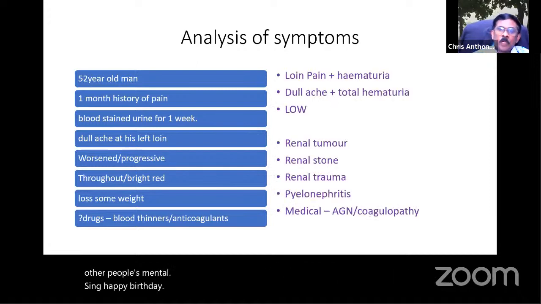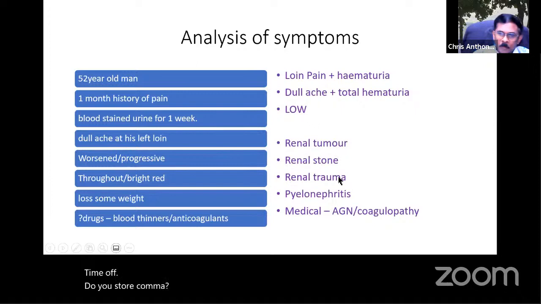Okay, from the symptom analysis, these are the things: loin pain with hematuria, dull ache, total hematuria and loss of weight. So it's a 52-year-old man. These are the possible causes or diagnoses in this patient. Renal tumor, which can be benign or malignant. Renal stone, which is more common than tumor.